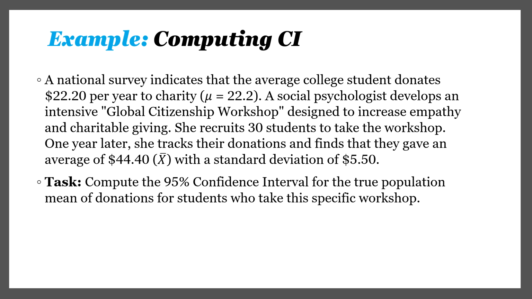She recruits 30 students to take the workshop. One year later, she tracks their donations and finds that they gave an average of $44.40 with a standard deviation of $5.50. Compute the 95% confidence interval for the true population mean of donations for students who take this specific workshop.